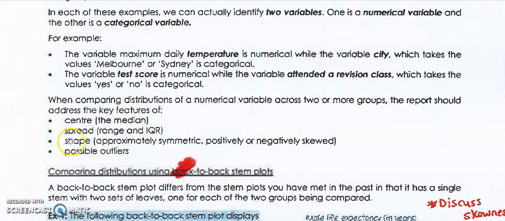I should also talk about the shape, whether it's symmetrical, positive, or negatively skewed, and any possible outliers that you might come across. These are the four main things that you should talk about for both set groups, and then finally drawing a conclusion or comparison between the two.